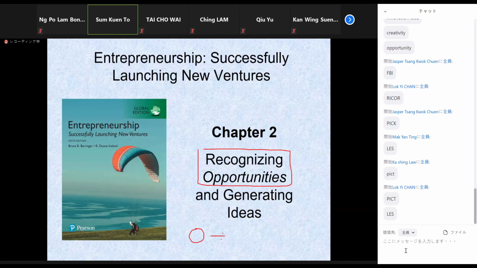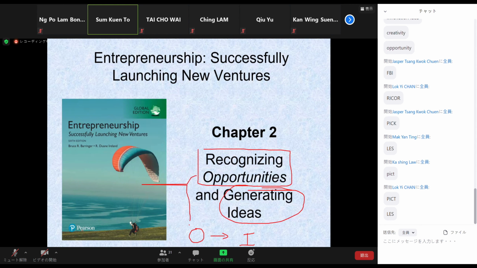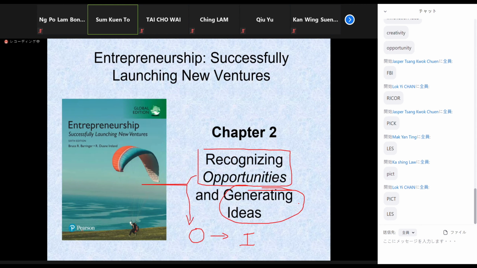How can I catch the opportunity? And then you generate ideas to make use of, to catch the opportunity. And that's why opportunity comes first when there is a chance for you to develop as an entrepreneur. So you try to get some idea, what should I do to make good use of the opportunity. So this is the sequence, or the logical connection between recognizing opportunity and generating idea.